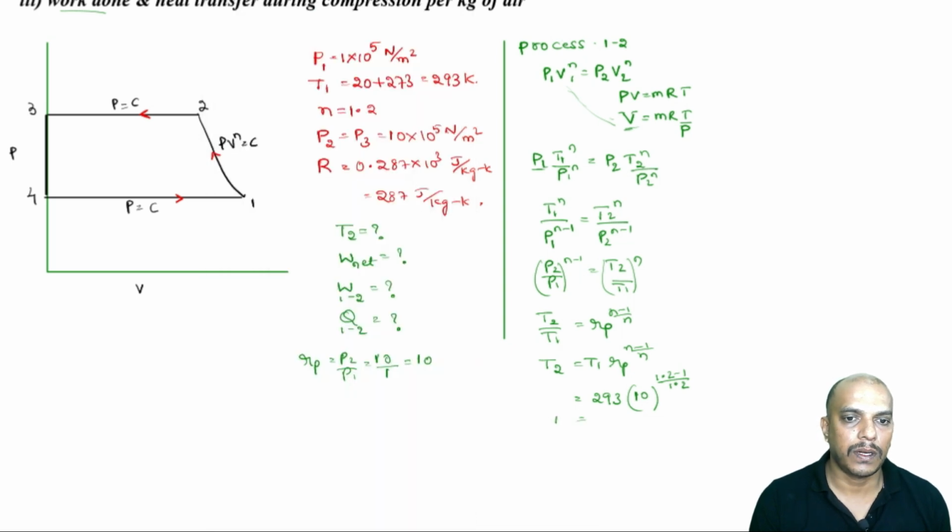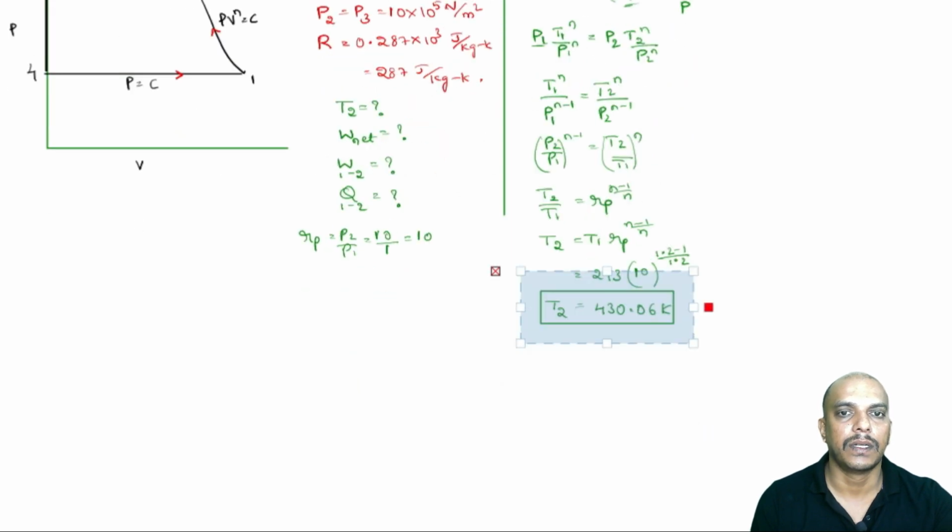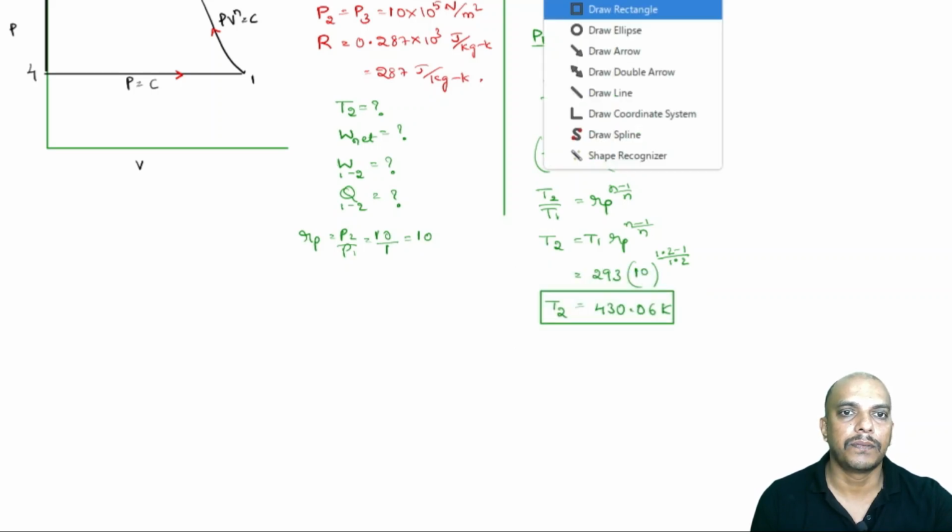So T2 is 430.06 Kelvin. So that will be our temperature after the compression. Temperature after compression is 430.06 Kelvin. Now let us go to the second question.